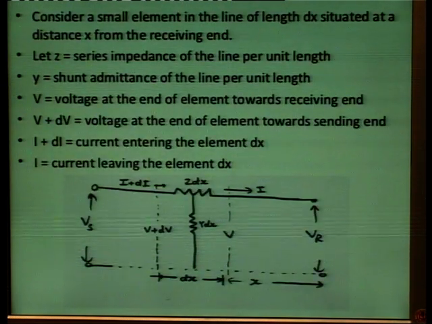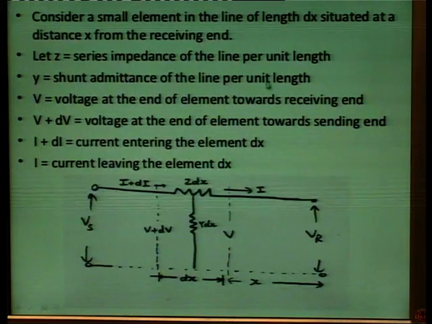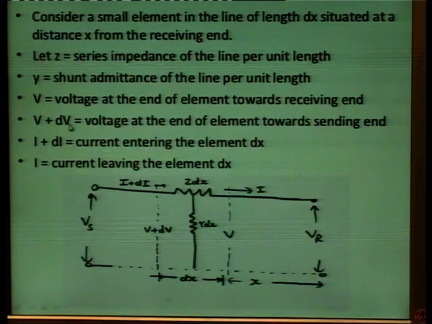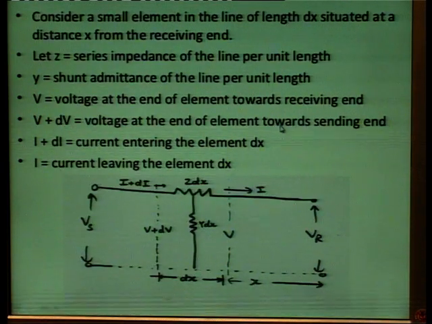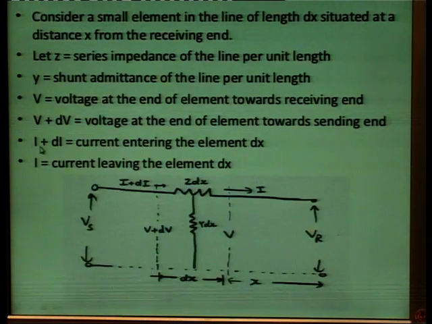Now, taking z to be the series impedance of the line per unit length and y to be the shunt admittance per unit length, V is the voltage at the end of the element towards the receiving end, V plus dV is the voltage at the other end of the element, I plus dI is the current entering the element dx, and I is the current leaving the element dx.